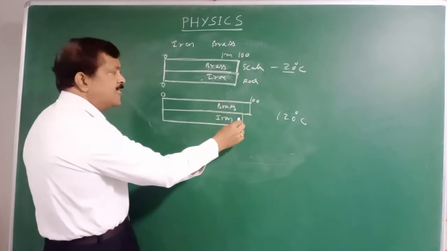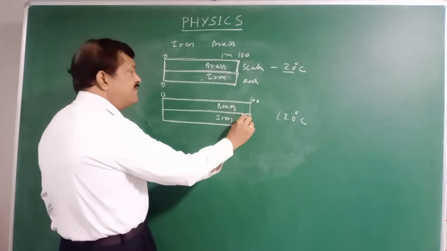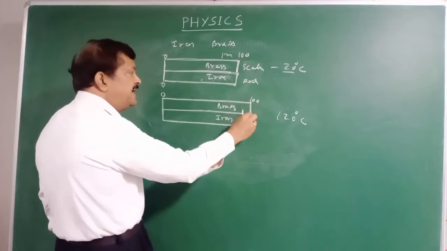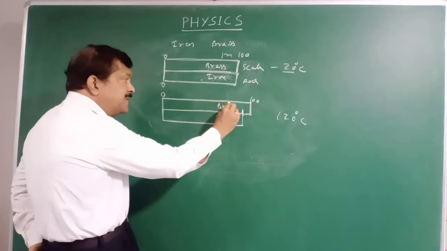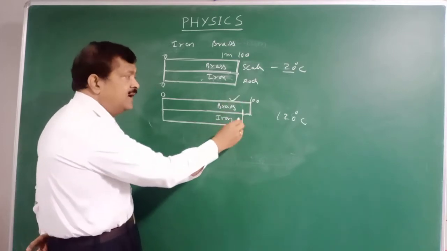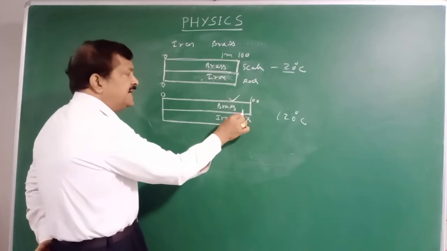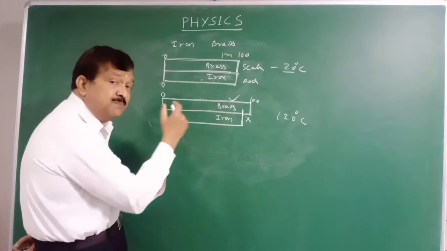Then what happens? Very clearly, the brass scale has a length up to this point of 100. But as measured by this brass scale, when you take the length of this iron rod, it is only up to this point.